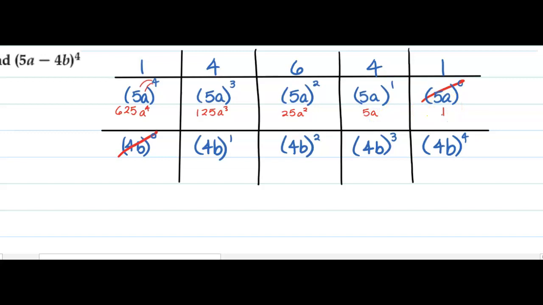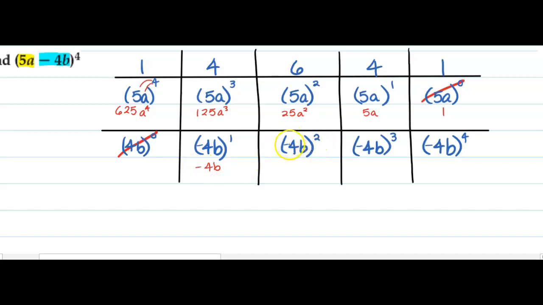I noticed that I was so quick to set up my table that I made an error with my second term. My first term is 5a. My second term is negative 4b. Don't drop those negatives. Shame on you, Mrs. Mark. Put those negatives in there. That's the whole point of using these parentheses. Next, we can apply this 1. We end up with negative 4b.